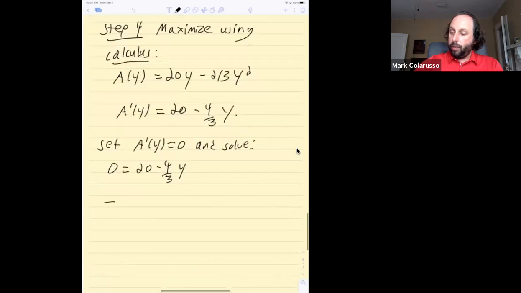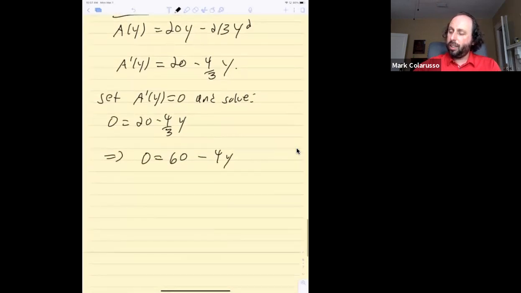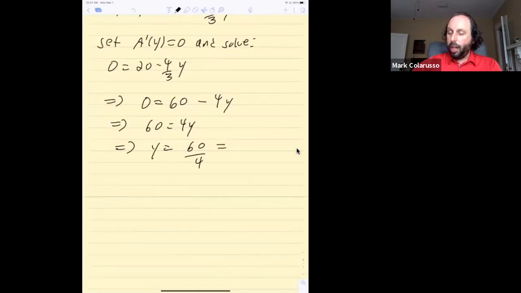To solve this, I can multiply everything through by 3, and I get 0 equals 60 minus 4y. So 60 equals 4y, and y equals 60 over 4. Sorry, 4 does divide 60. Duh. So it's 15. Okay, so it's 15 feet.